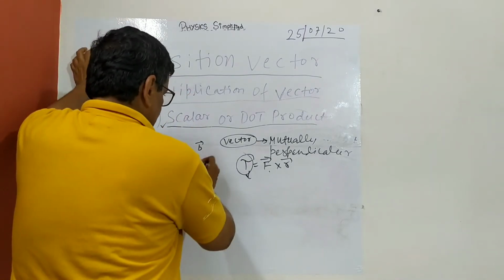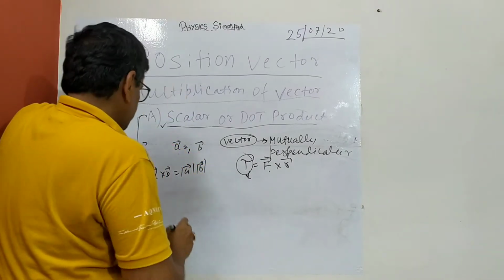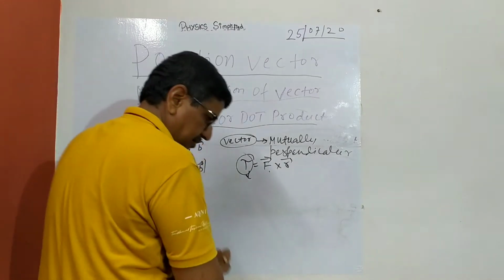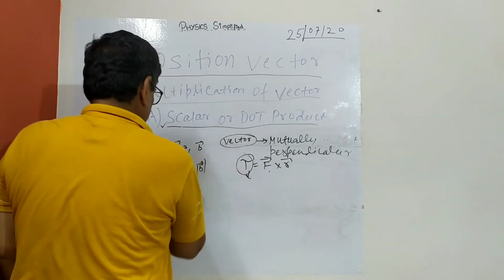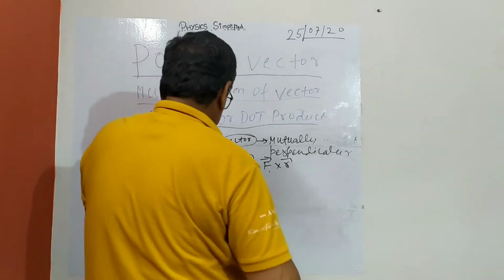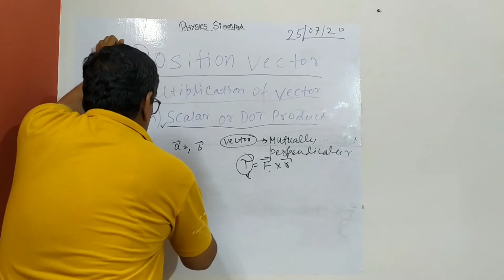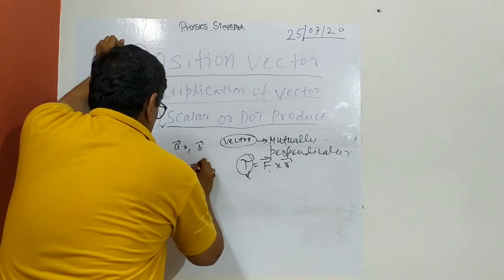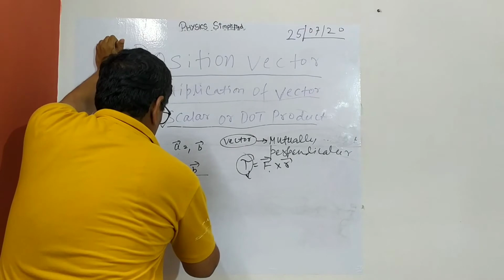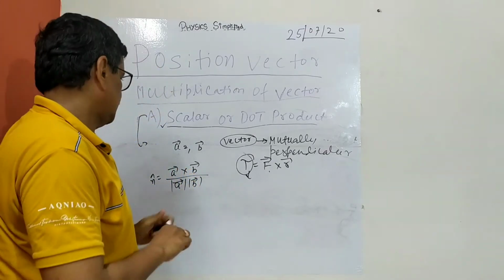So the third vector is at right angle. Okay, so that unit vector will be A cross B by mod A mod B.